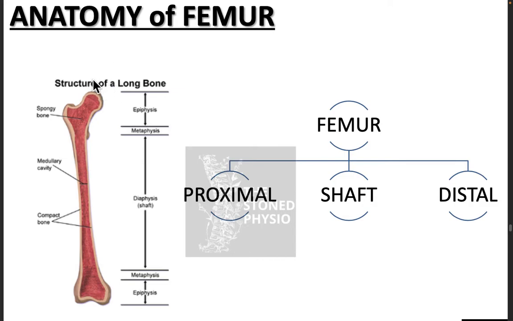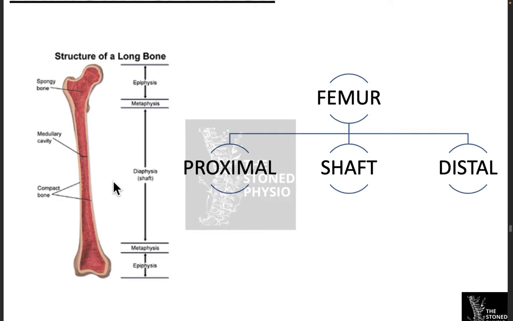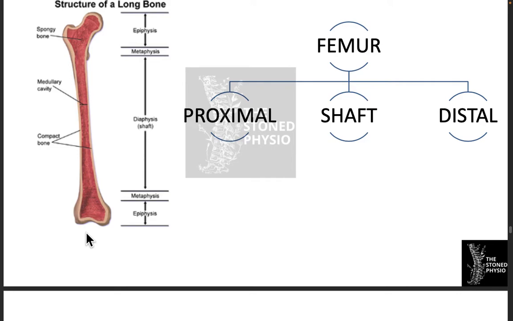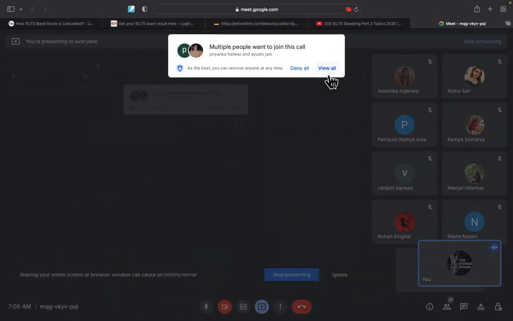Here it is articulating with the acetabulum, and here with the tibia. That part of the bone we call the epiphysis, and that's why we have a cartilaginous plate in children, which helps to increase the length of the bone, and eventually it gets converted into just a fused epiphyseal line when the ossification of the bone is completed.